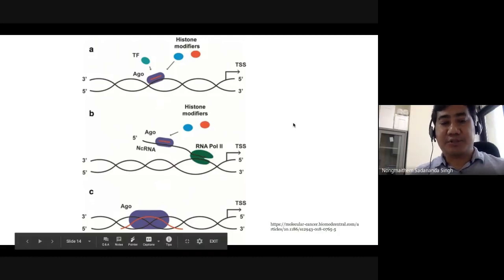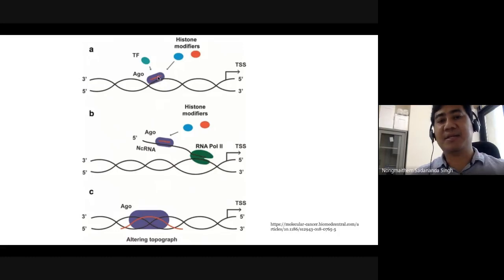This can go in three ways. One is that the microRNA RISC complex interacts with a genomic region through complementarity and recruits transcription factors or histone modifiers, thereby changing the transcription of a nearby gene.